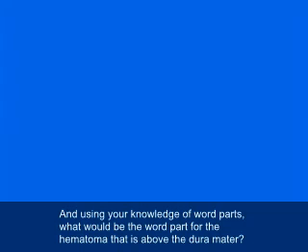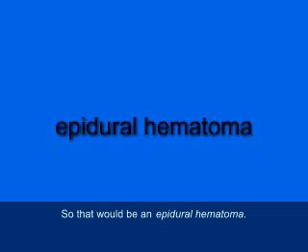And using your knowledge of word parts, what would be the term for a hematoma that's above the dura mater? Well, the word part for above would be epi, E-P-I, and then pertaining to the dura mater would be dural. So it would be an epidural hematoma, E-P-I-D-U-R-A-L, and then hematoma, H-E-M-A-T-O-M-A.